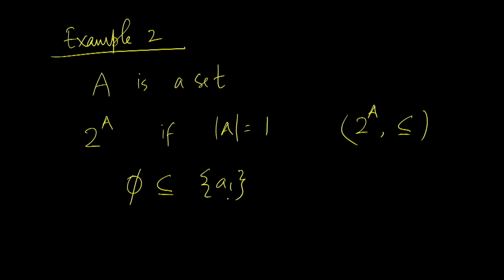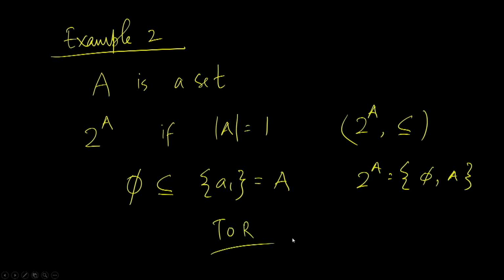If A happens to be the singleton containing just A1, then there are only two subsets in 2 power A. 2 power A consists of just the empty set and A itself, and the empty set is a subset of A. Therefore, we have a total ordering relation.